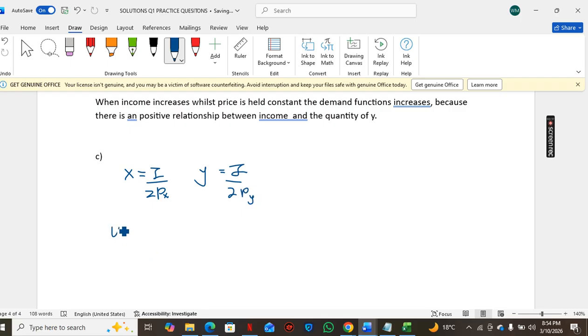Okay, so remember our utility function is x times y. So we're going to substitute these two expressions into the utility function. This here and that there. So our utility function is going to reach x substituted with I over 2px, y we substitute with I over 2py.